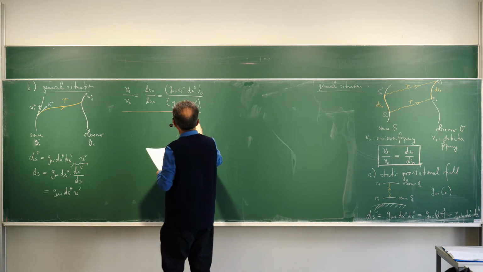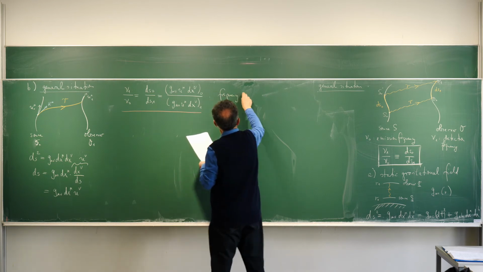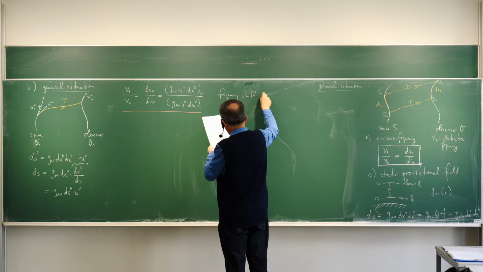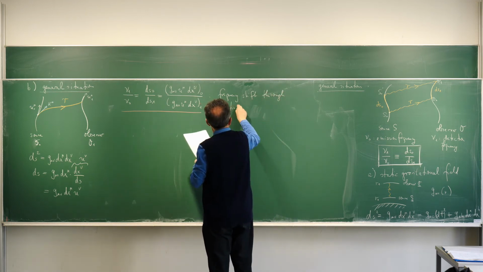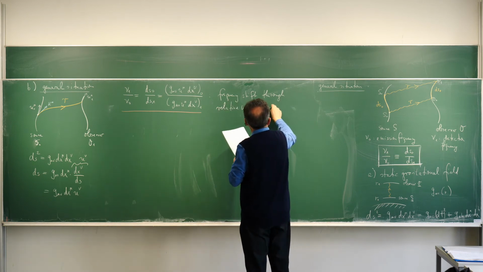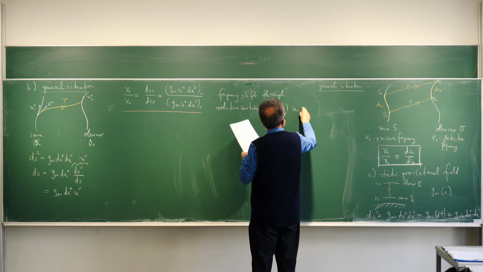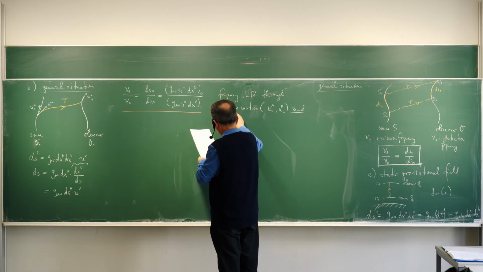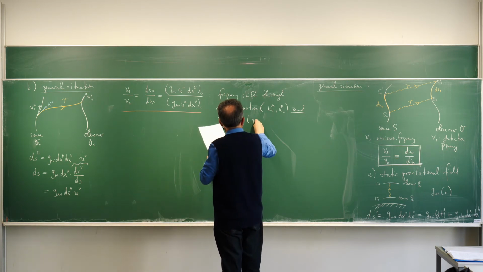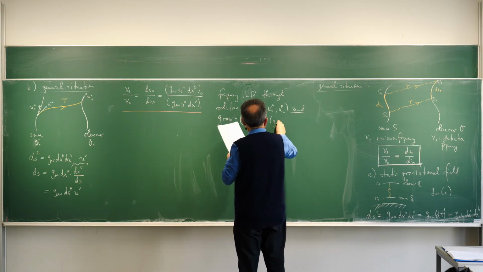So here we have then the frequency shift through relative motion, which is from the respective four velocities, and gravity, which comes from the metric tensor evaluated at the two world lines.